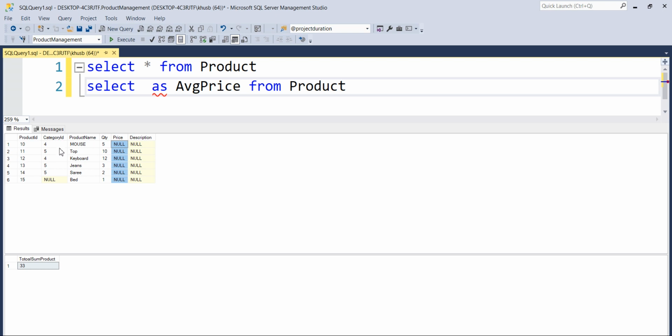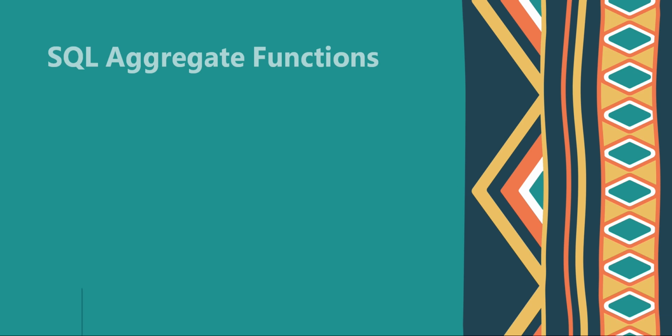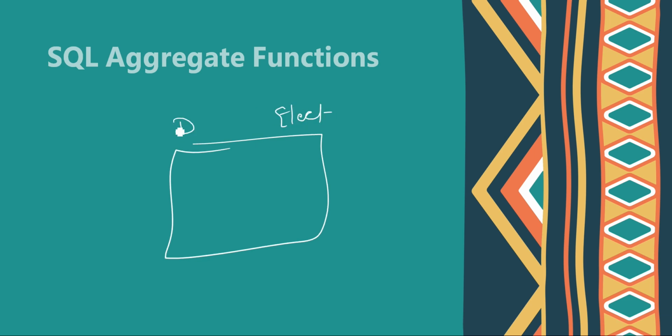Okay, so what I was talking about, let's say I am running an e-commerce site and I have an electronics section and some dress materials, and I am interested to know how many products we have in this electronics section only.